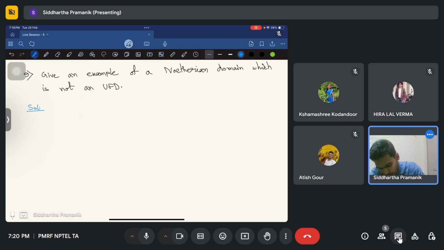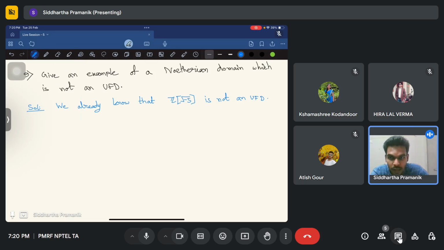So we already know that the ring Z adjoin root minus 5 is not a UFD, right?